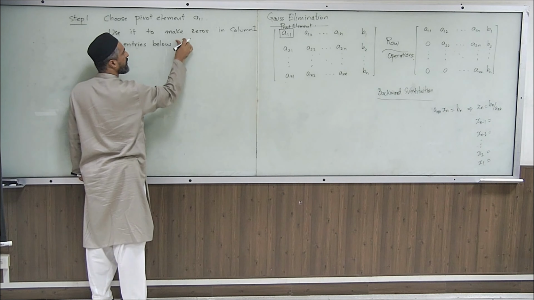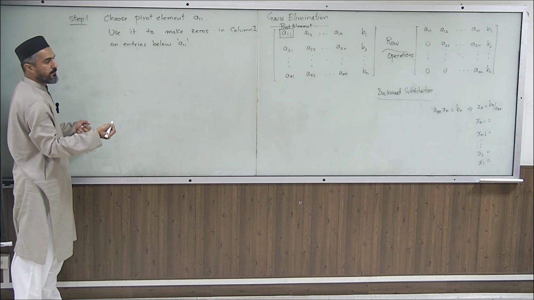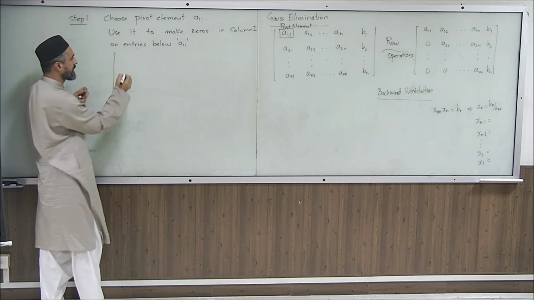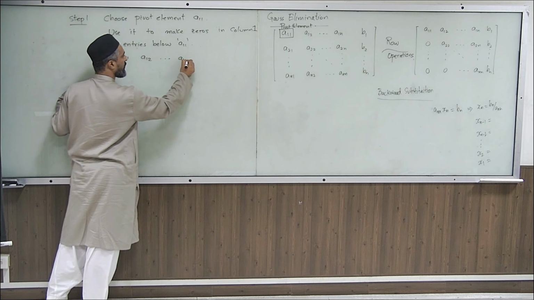Let's say the pivot element is A11, and use this to make all the elements in column one zero. So we have to make them zero. Once we have done that, how will the augmented matrix look like? A11, so there are no changes to row one.